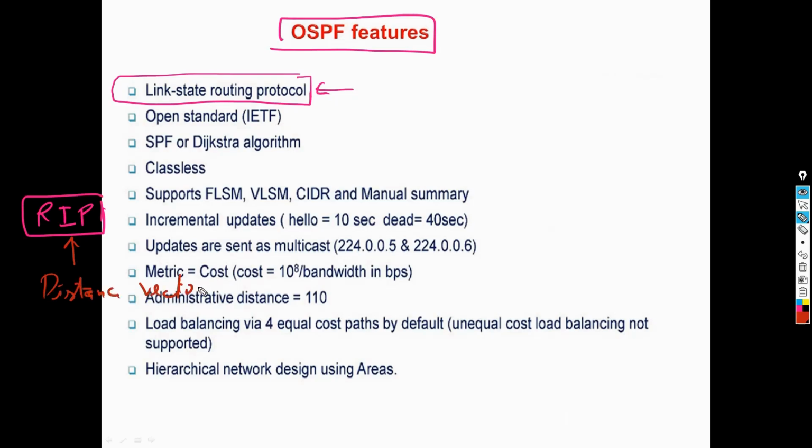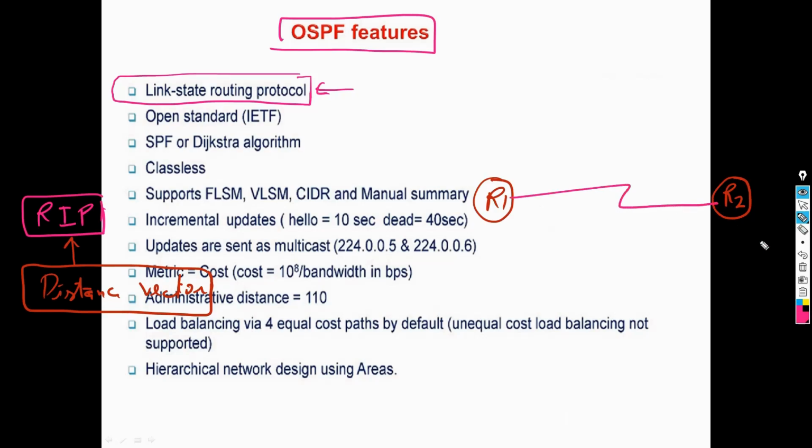Distance vector. What does distance vector mean? Any idea what a distance vector routing protocol is? For example, I have an R1 router and an R2 router. If I'm using a distance vector routing protocol between R1 and R2, for example the RIP protocol, the problem is that they send routing updates after every 30 seconds.